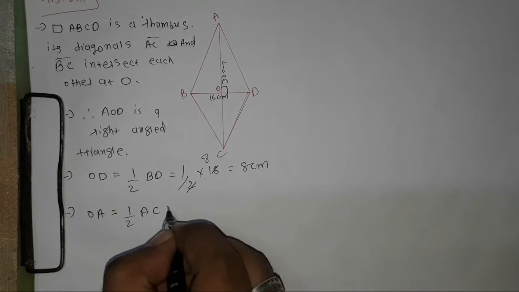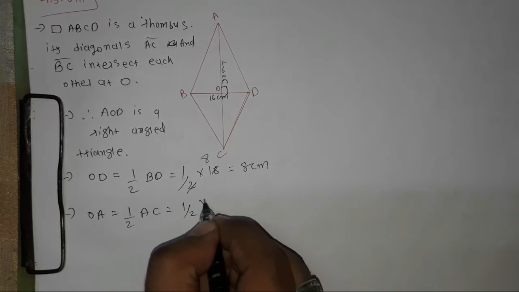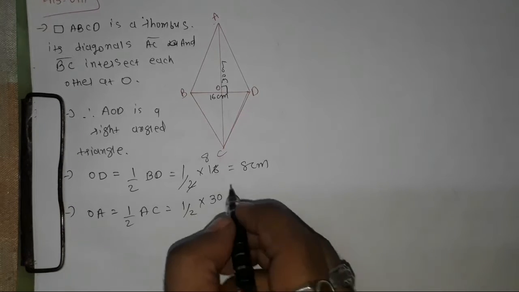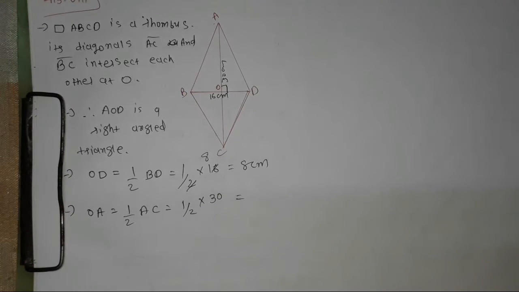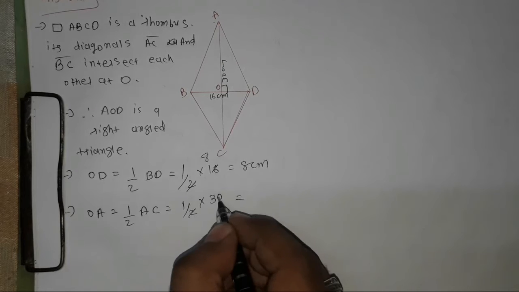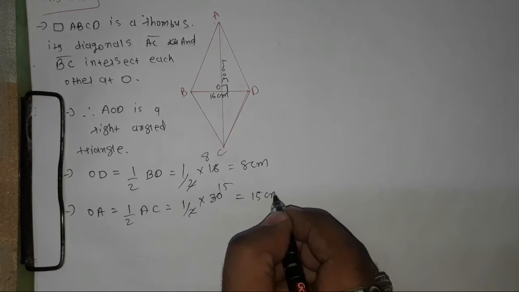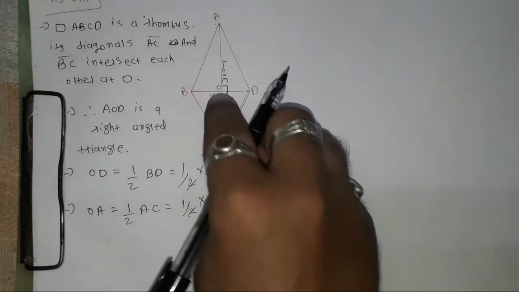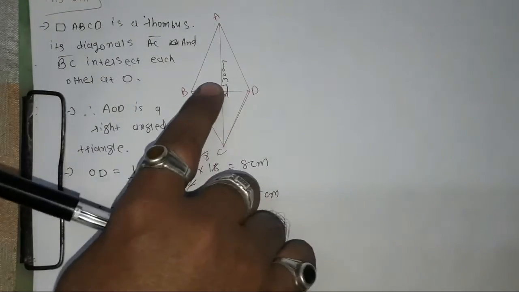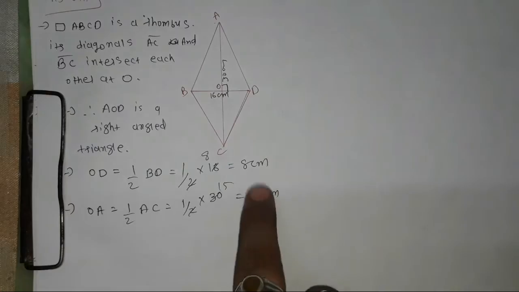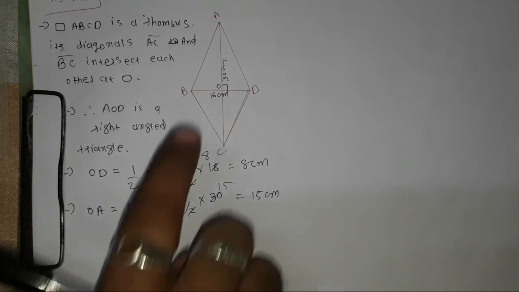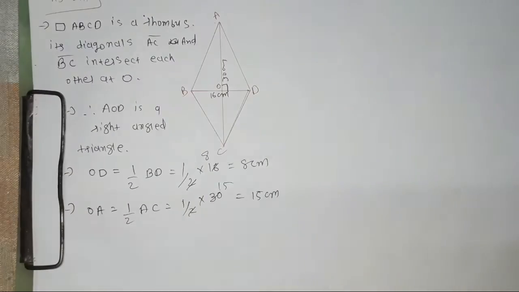AC is how much? 30, which is already given in the question. We all know 2 15s are 30, so 15 centimeter is the measure of this portion. So OA is 15 centimeter, and OD is 8 centimeter. So we have the measure of two sides, and a hypotenuse is there.